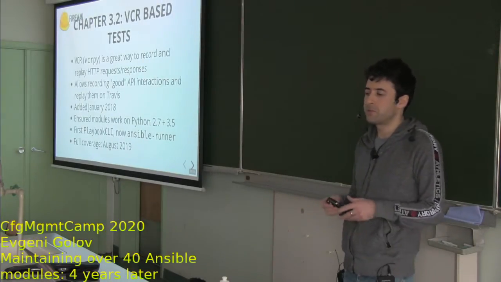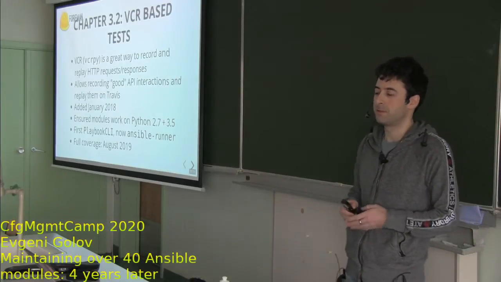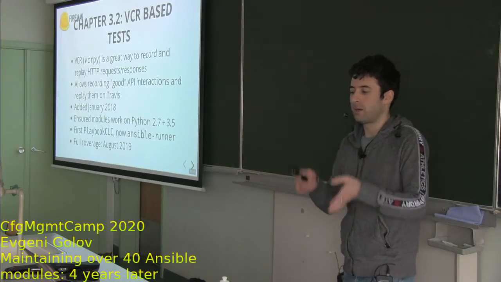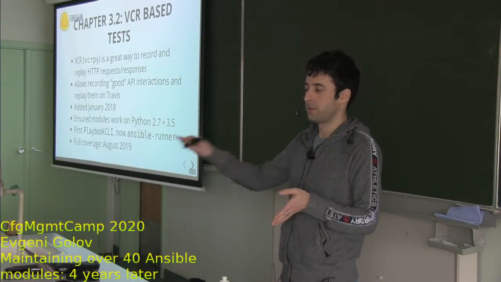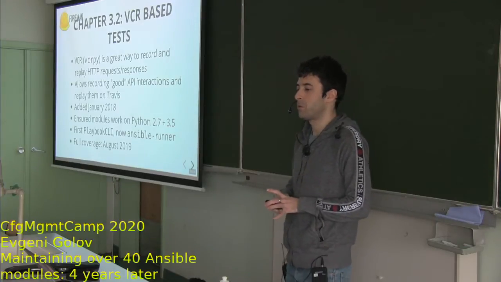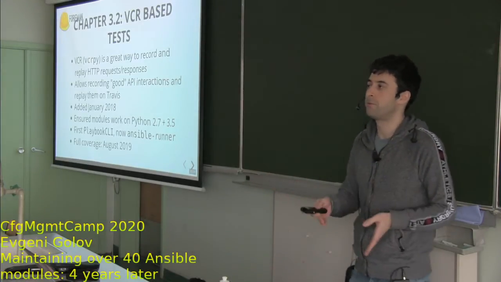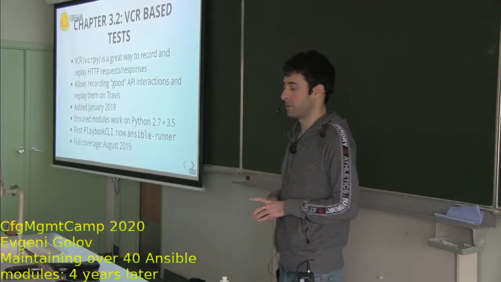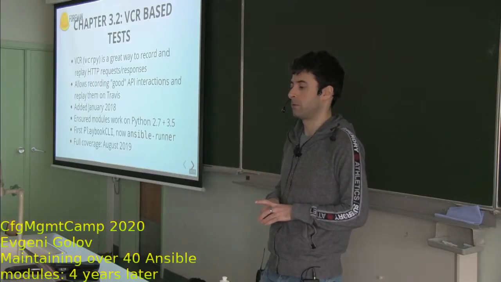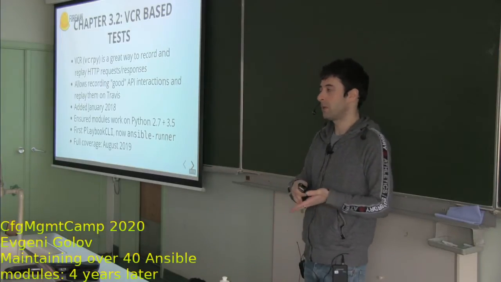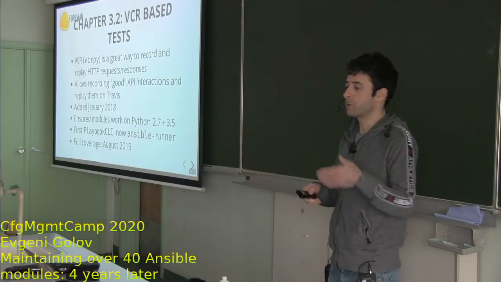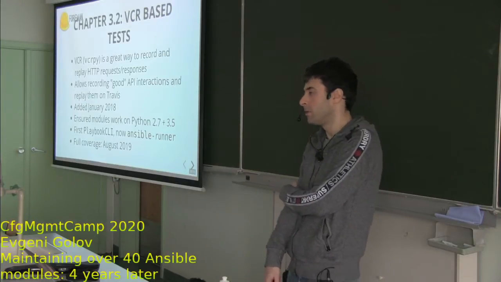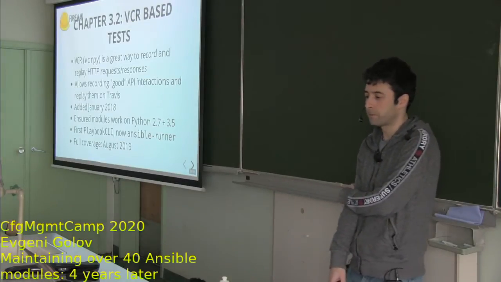If you're not familiar with VCR or Betamax, which is a different implementation of the same idea, you have HTTP requests, you run them against a service, and you record both the request and the reply into a file. And the next time you say, I do not want to run against a live service, I want to run against my recorded version. And if you change code and the recorded request and reply are still fine, then you know that you at least didn't change behavior.